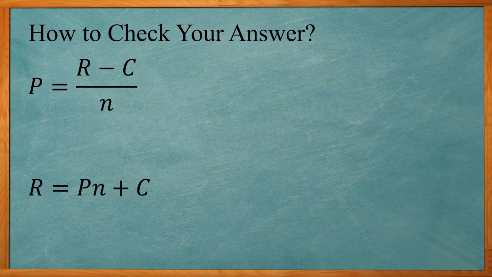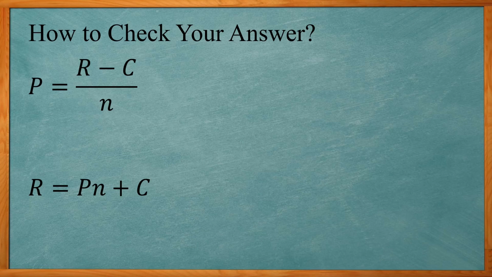Now, at the end here, I wanted to show you how you can check your answer, see if it's correct. So one of the problems that we did, we started with p equals r minus c over n. And we ended up with r equaling pn plus c. So the way to check your answer, I'm going to plug in values in this first equation and then make sure it works out in the resulting equation.